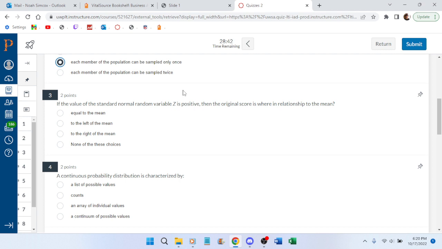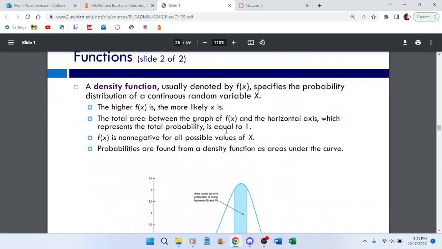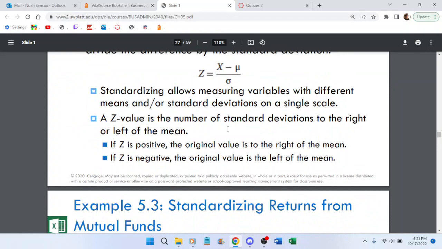Oh, great. I'm stupid. Where's z score? Where's z score? The number of standard deviations to the right or left of the mean.